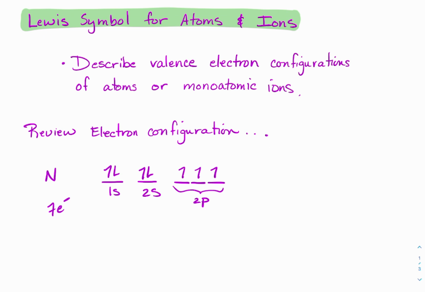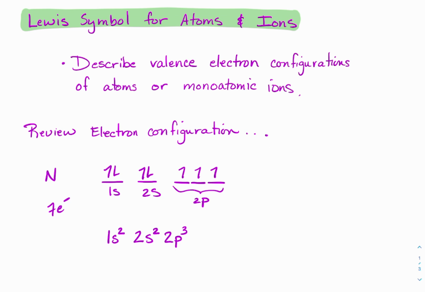And to determine what our electron configuration is from that, we write the symbol for the shell and subshell plus the number of electrons in all of the orbitals within that subshell. So for the electron configuration of nitrogen, that is 1s2, 2s2, 2p3.